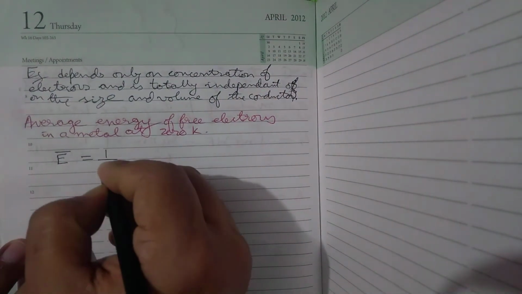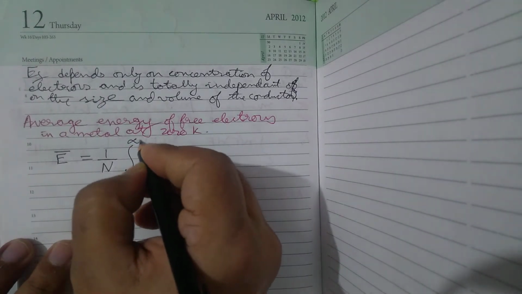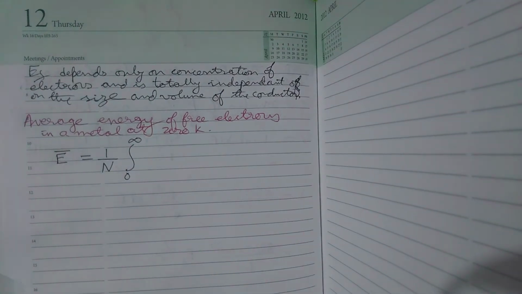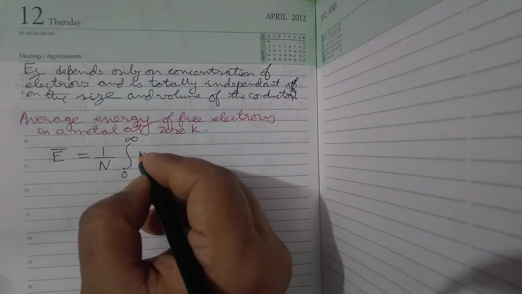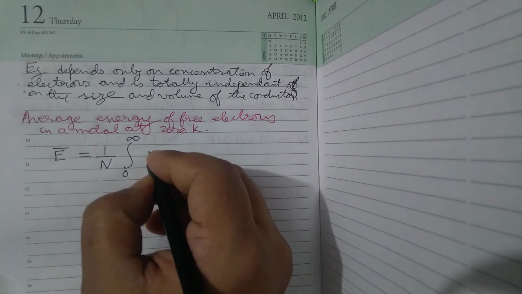So the total number of electrons is N, and the total energy is, from 0 to infinity, again here the distribution will come.